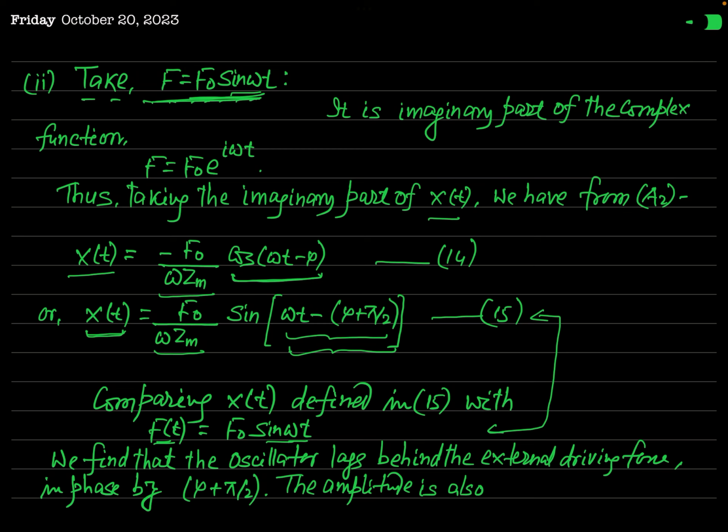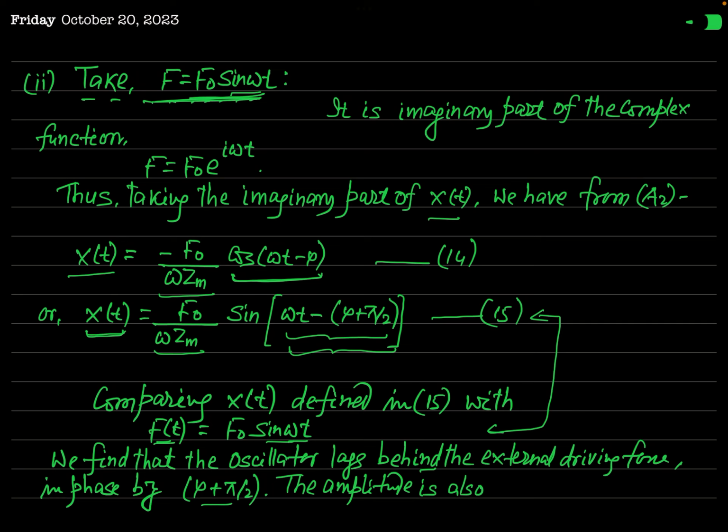So just like the previous case, in this case too, the phase difference between the oscillator and the applied driving force is phi plus pi by 2. Where phi is what I have already defined previously. So we find that the oscillator lags behind the external driving force in phase by phi plus pi by 2.